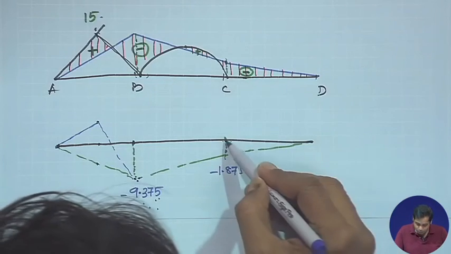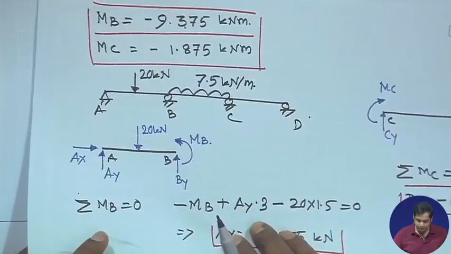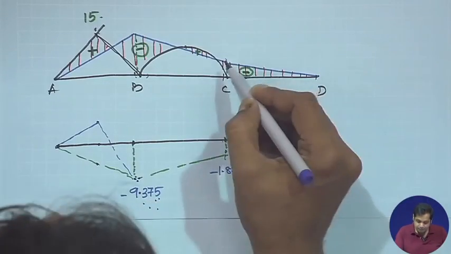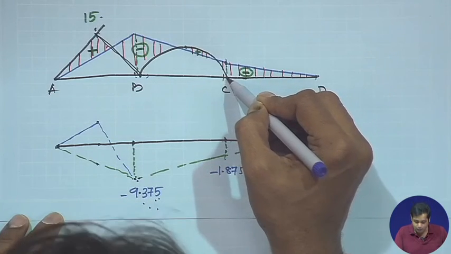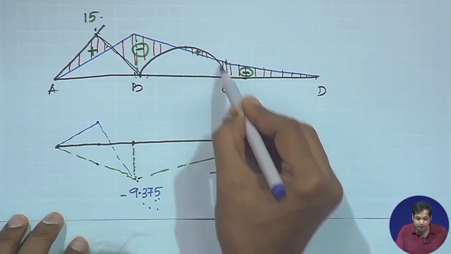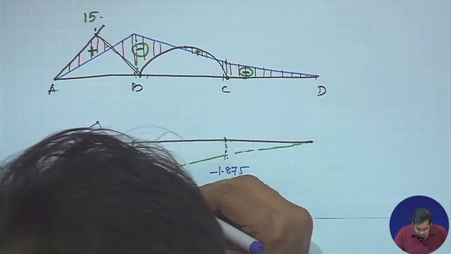Then again go to C. At point C, the bending moment is 1.875, and similarly for external load, the bending moment at C is equal to 0, and it varies quadratically for the external load.